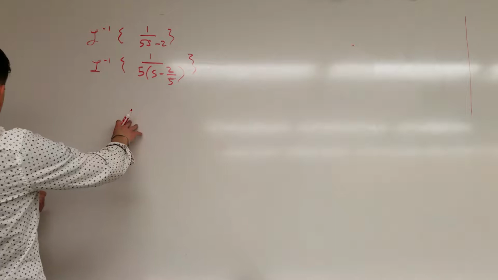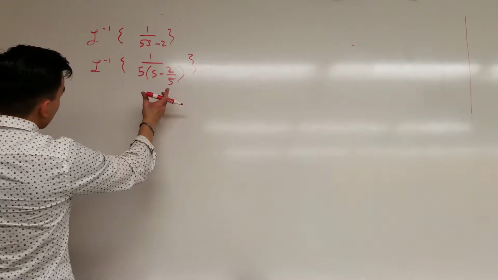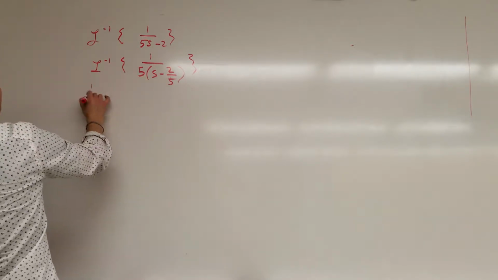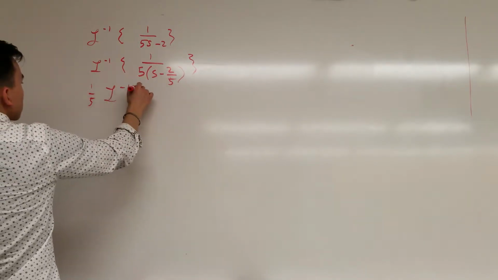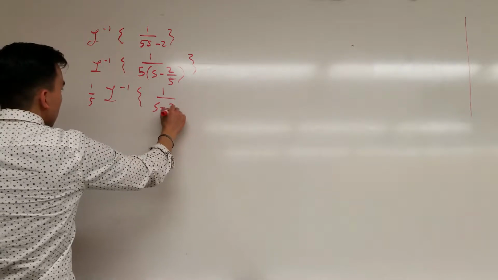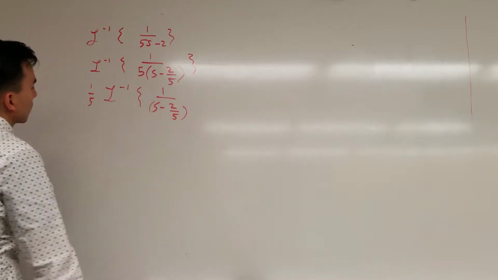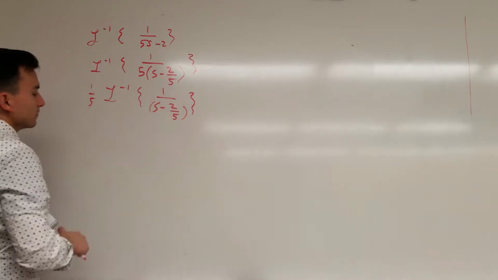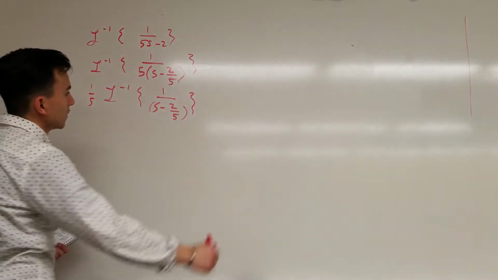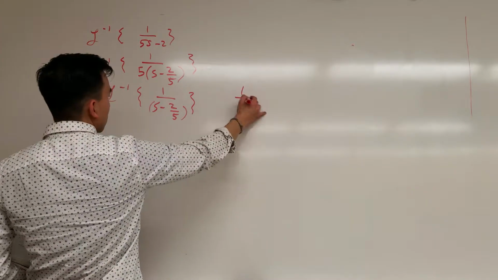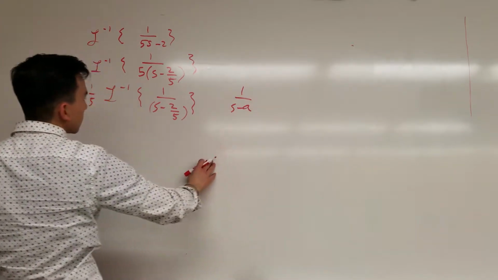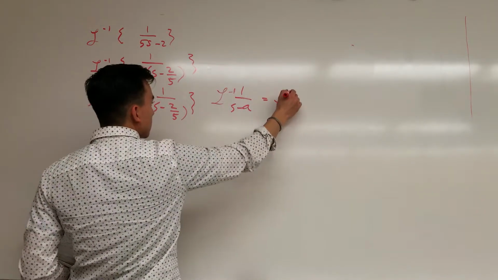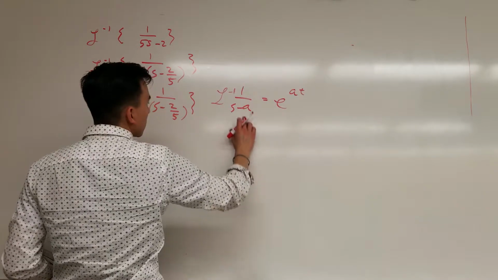And now this is something I've seen before, because if I pull out that 1/5, which I can, I have the inverse Laplace of 1 over s minus 2 over 5. Well, I've seen this before because this is one of my inverse functions. Isn't it the 1 over s minus a? And if I inverse that, that's going to give me my e to the at, right?